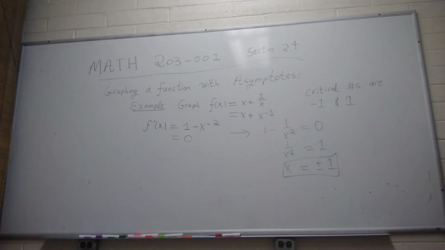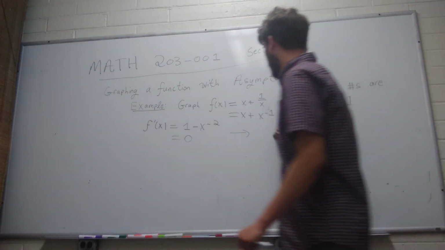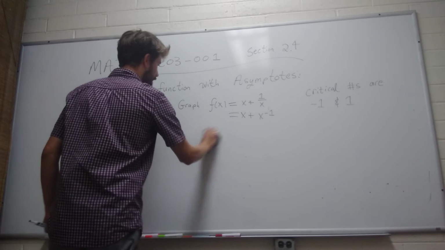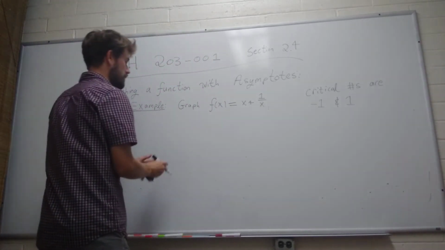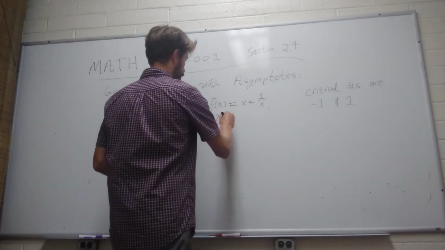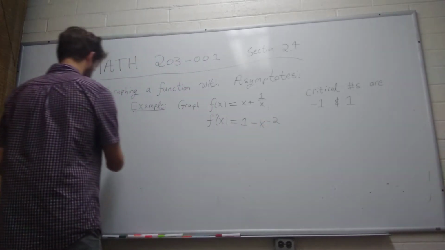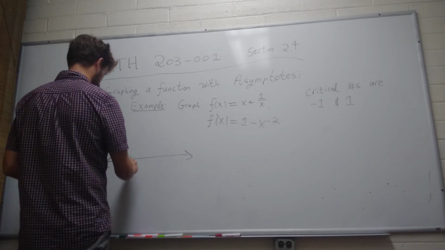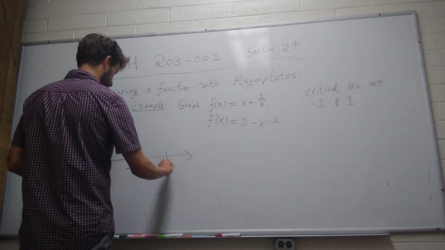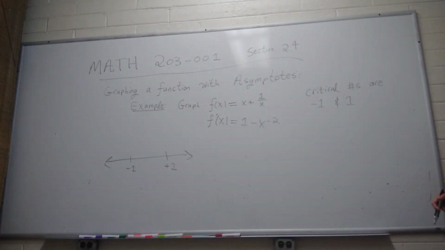Critical numbers are negative 1 and positive 1. Okay, so the critical numbers are negative 1 and positive 1.